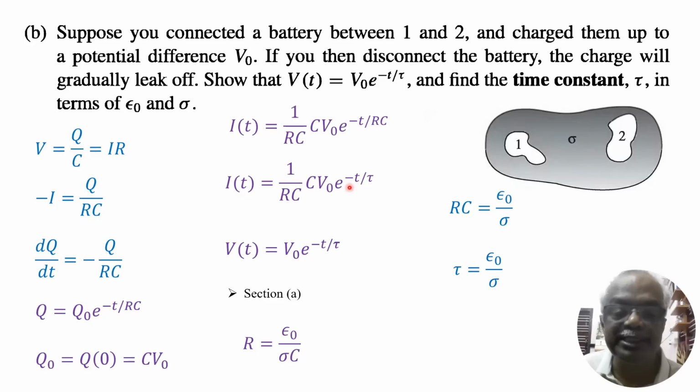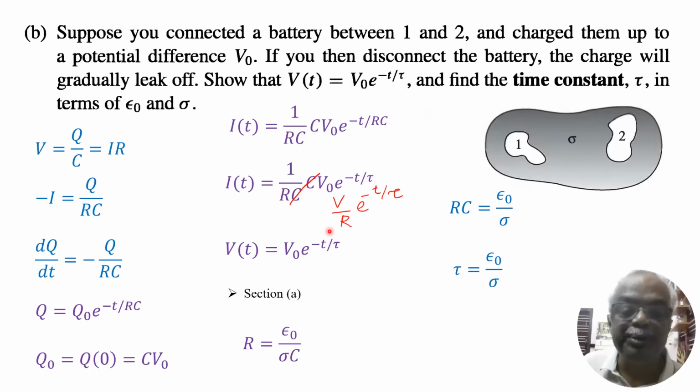So I am replacing that RC by tau, and here C and C will get cancelled. So naturally I get V naught over R into this exponential term, e to the power minus t over tau.